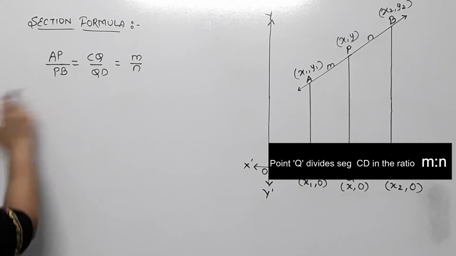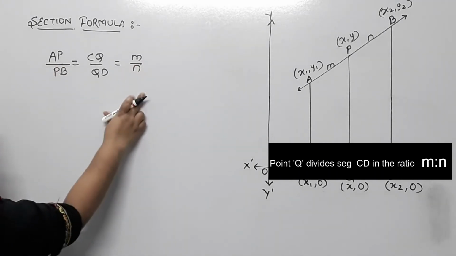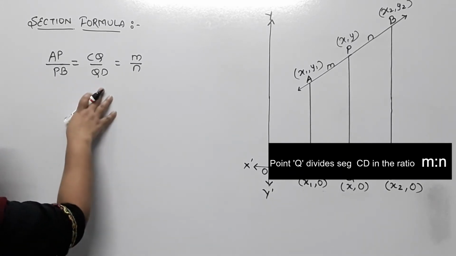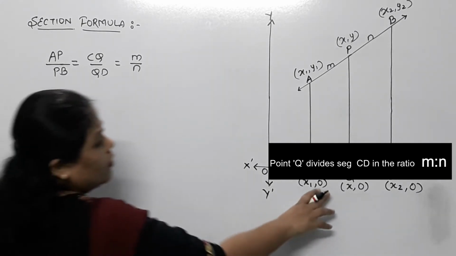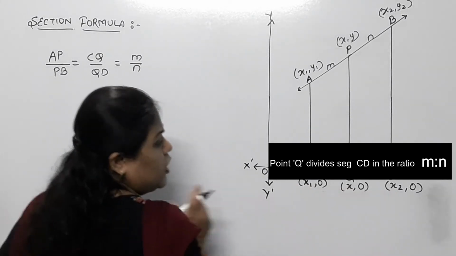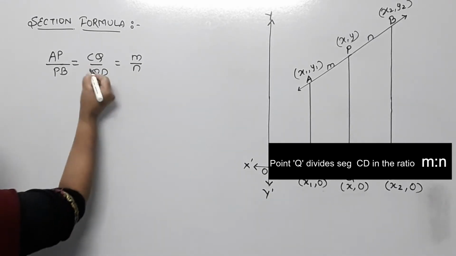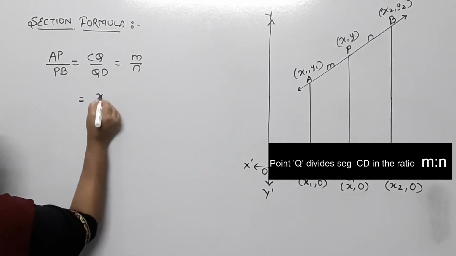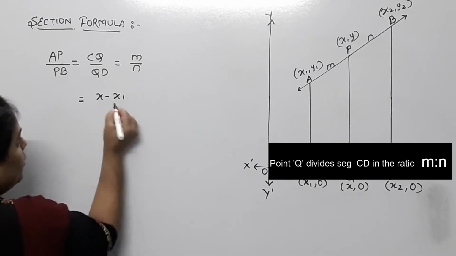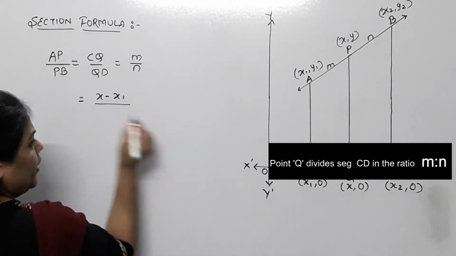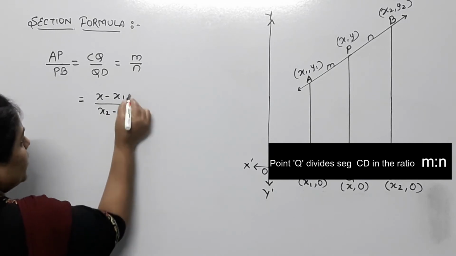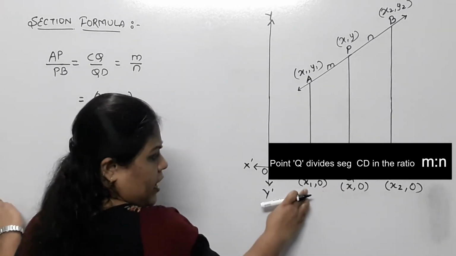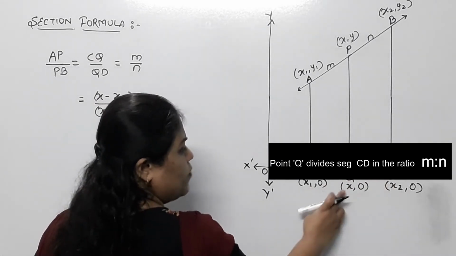Now, if I compare AP upon PB with m is to n, I can get the section formula easily, but then it will be a lengthy process. So, to get the answer, I will compare the ratio with CQ and QD. So, what will be the distance CQ? It will be x minus x1, and QD is x2 minus x.